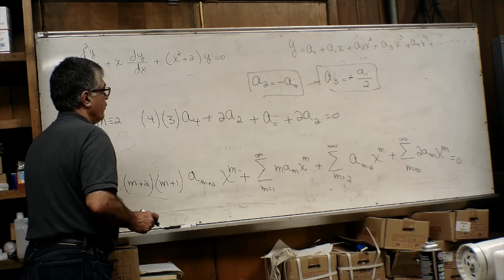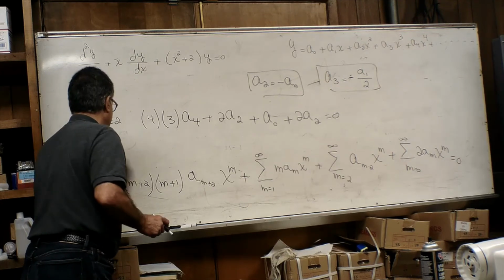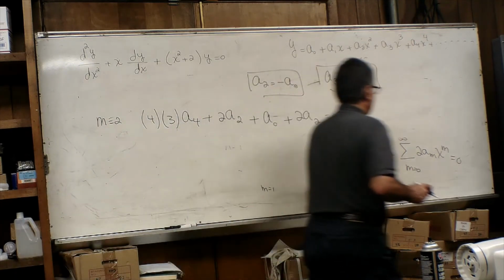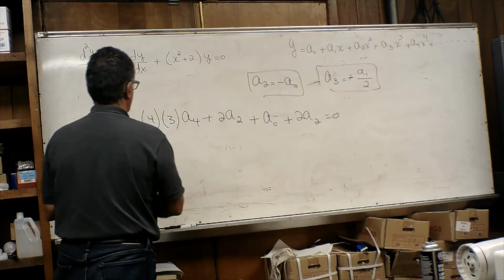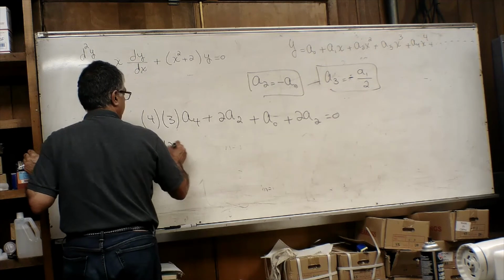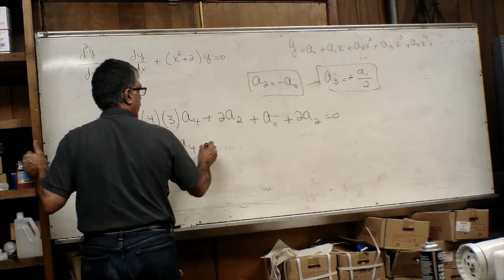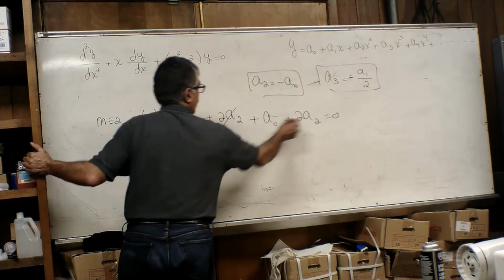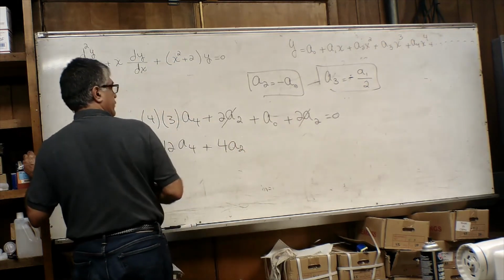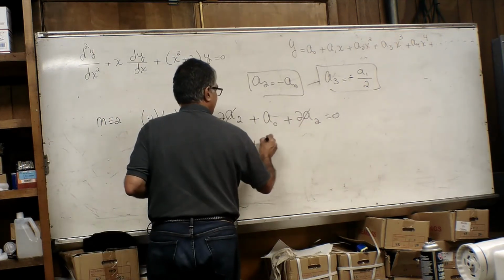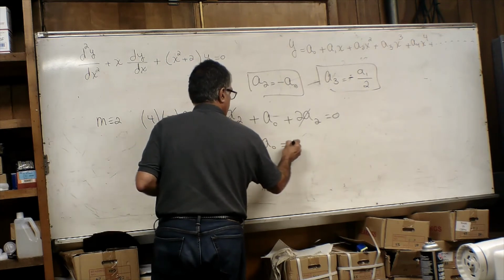So we don't need this anymore. So here, this is 12a4 plus 2a2 and 2a2, which will be 4a2, plus a0 equal to 0.